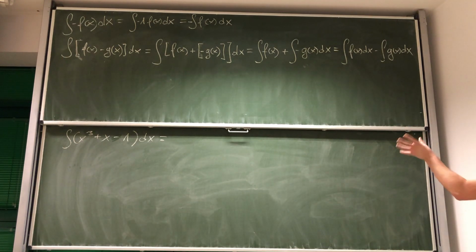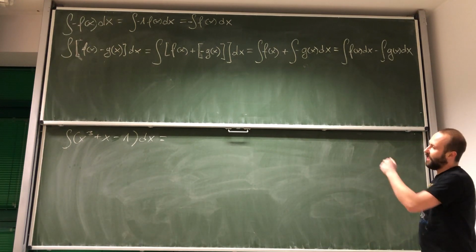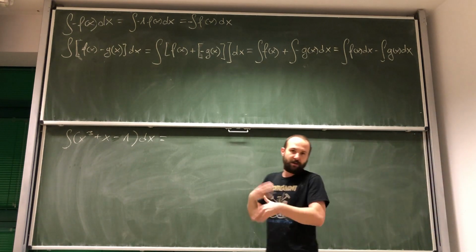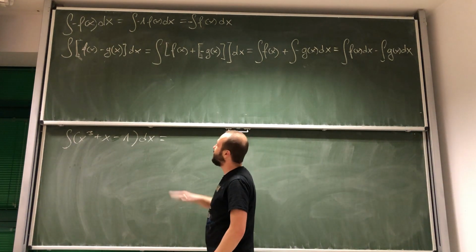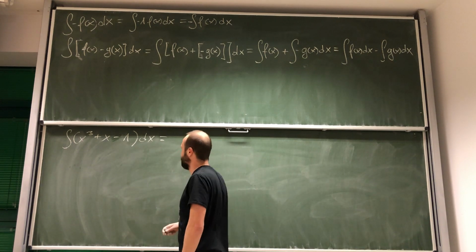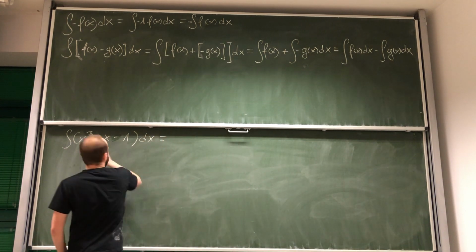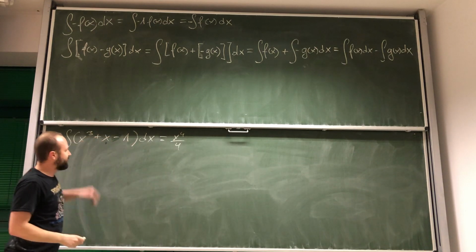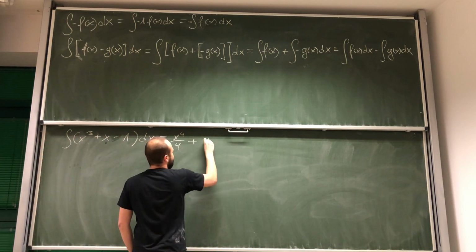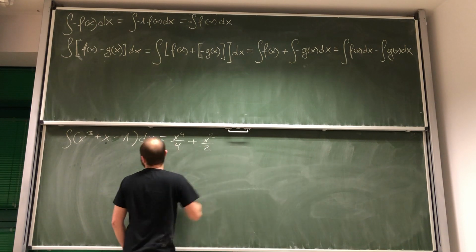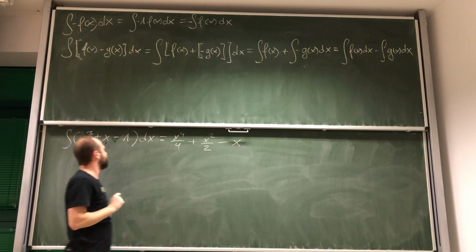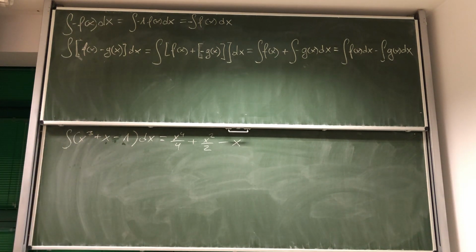We can just integrate each of these expressions inside the same way as we treated one component inside the integral. So I get out of this x to the power of 4 over 4. Out of this, plus x to the power of 2 over 2 and minus x, right? Because 1 turns into x.